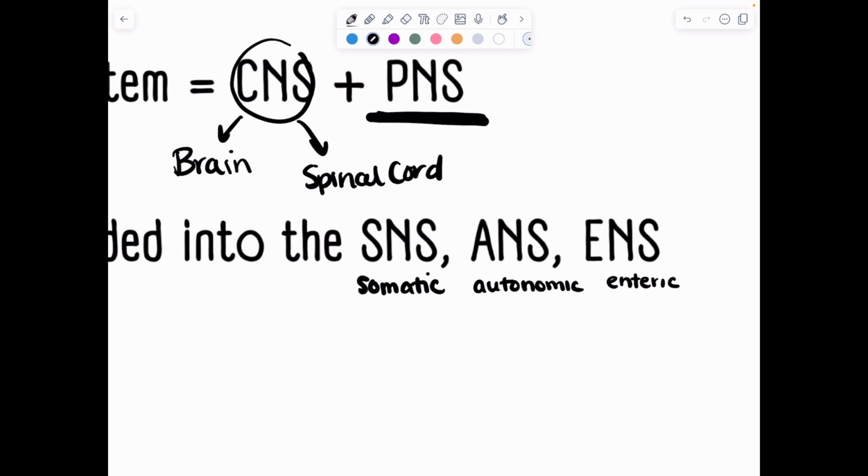The somatic nervous system is all about sensation coming in, going to the brain, and then motor information or motor action coming out. The autonomic nervous system is your fight or flight and rest and digest systems, or your sympathetics and parasympathetics. We will talk all about that in another lab. And the enteric nervous system is the digestive system.